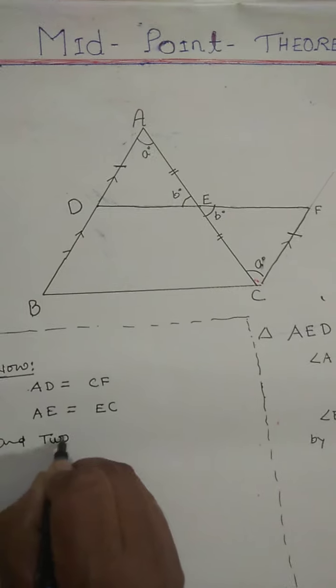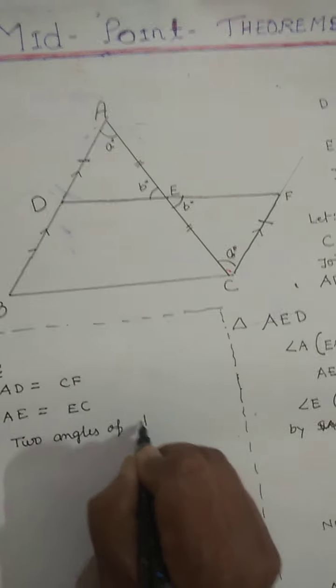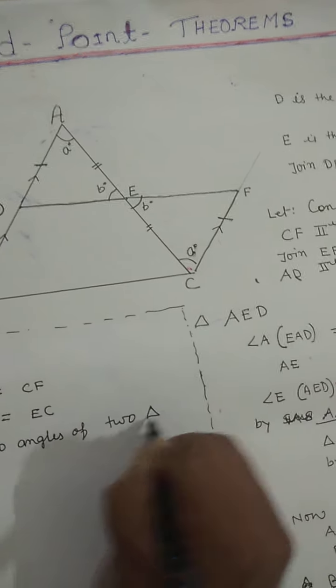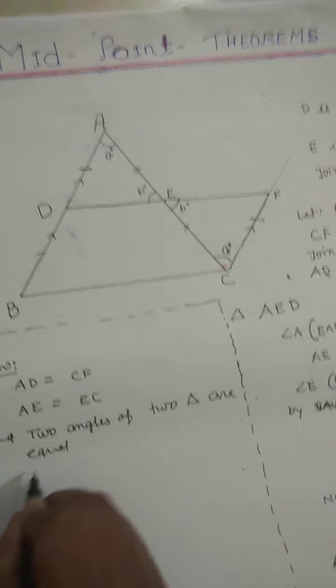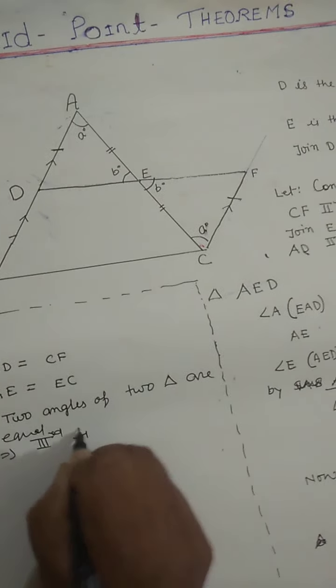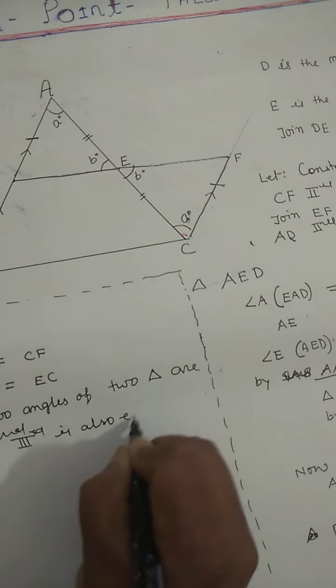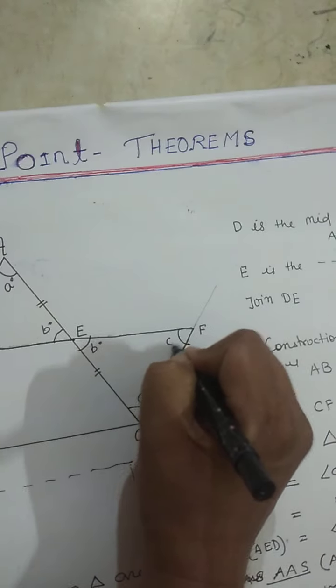Two angles of two triangles are equal. This implies the third is also equal. So suppose this angle is C, this angle is C.